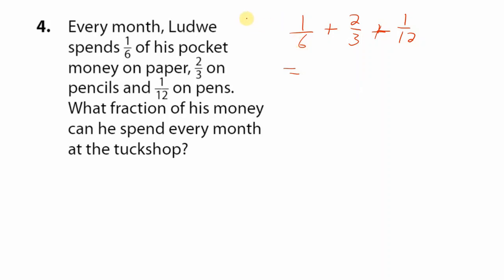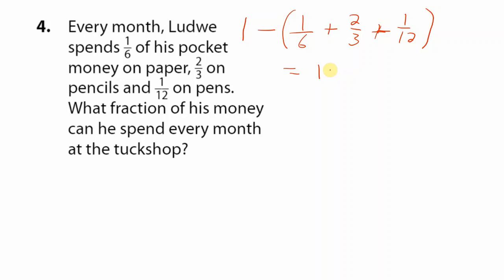So we are saying, let's take the whole, everything he has, and subtract from that which he spends on other things than the tuck shop. So what he has, less what he spends on other things, will give what is remaining to spend on the tuck shop.